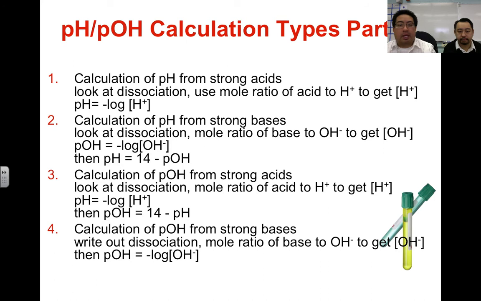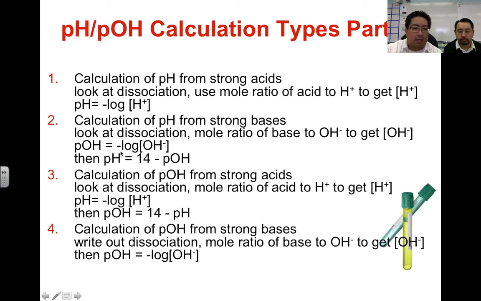There are other more complicated ones as well. If I want to calculate the pH from a strong acid, I look at the dissociation and I look at the mole ratio to get the hydrogen ion concentration. And then once I have that, I can just take the negative log of that. If we're doing it from strong bases, I can do the same thing. I can look at the reaction, figure out the hydroxide ion concentration from the original concentration or moles of the base undissociated.